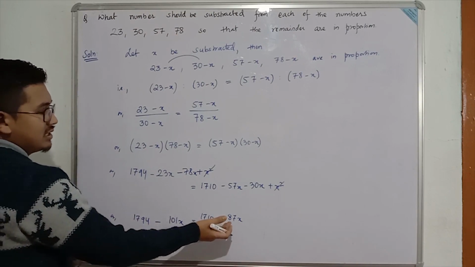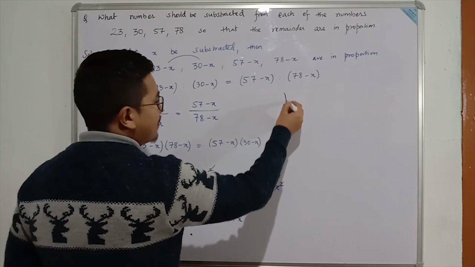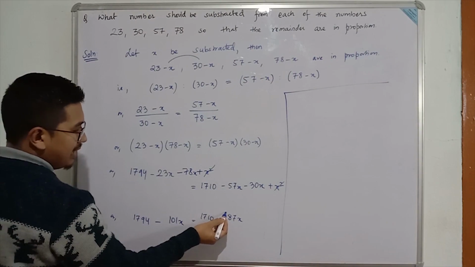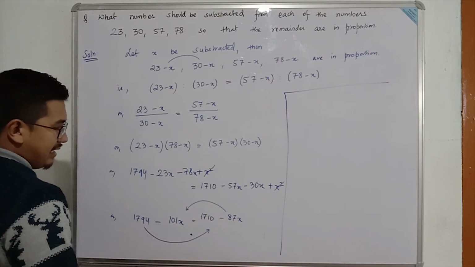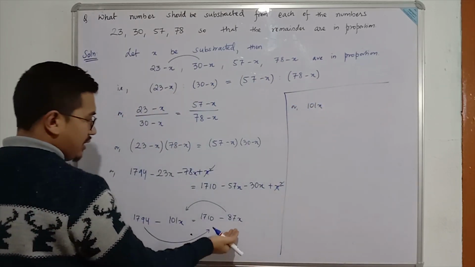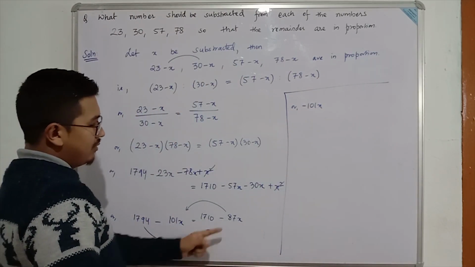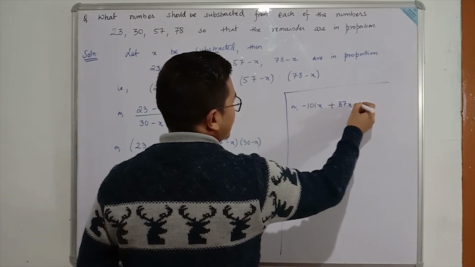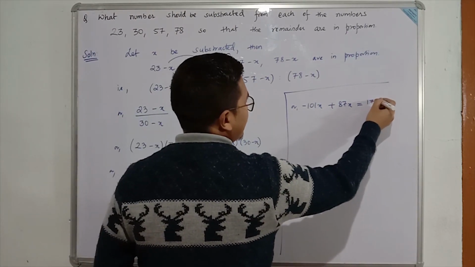Now we'll bring all the terms that contain x onto the left hand side, and all the numbers onto the right hand side. So I'll bring 87x onto this side, and I'll take 1794 onto the right hand side. So, minus 101x, bringing 87x onto this side, gives plus 87x. This will be equal to 1710, which is already on the right hand side.